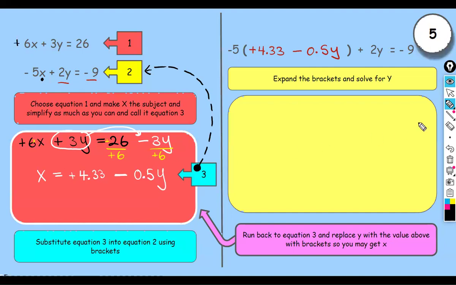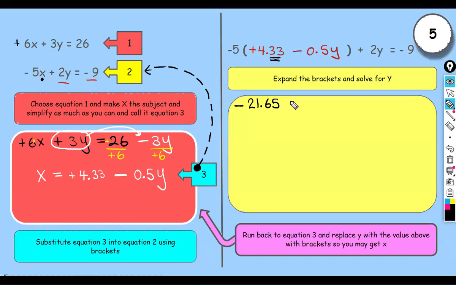So 4.33, that's proper rounding off. Minus times positive is our minus, and I have my calculator. 5 multiplied by 4.33. Anybody getting this? Minus 21.65. Remember, I'm using 2 decimal places. Please follow suit. Don't do your own thing. Otherwise, your numbers will look different from mine.